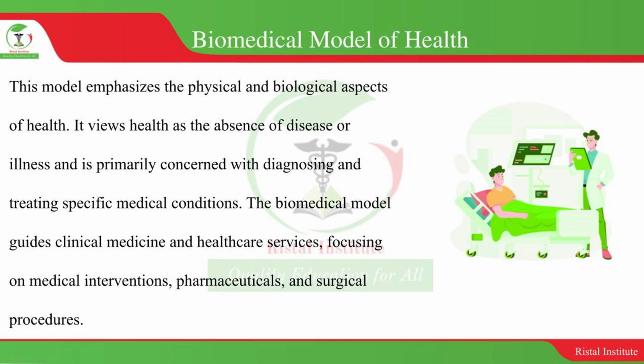He's looking at the way your body works, that is the biological aspect, and also at the physical aspect. When the person is examining you, they will be looking for whether you are pale, whether your skin is okay, whatever it is. These are physical aspects that they look at to give you a diagnosis. And when they have treated you, that's it. That is the biomedical model of health.